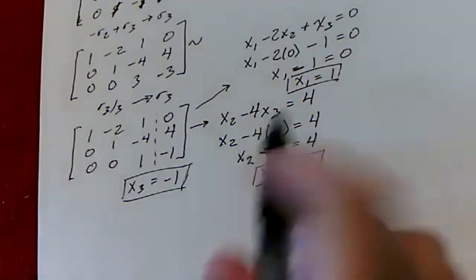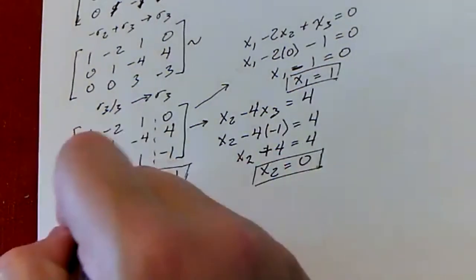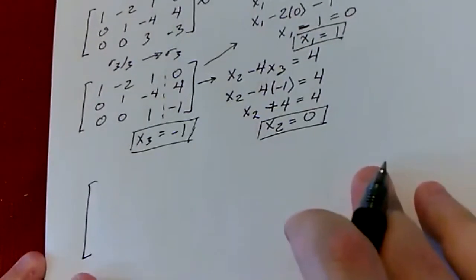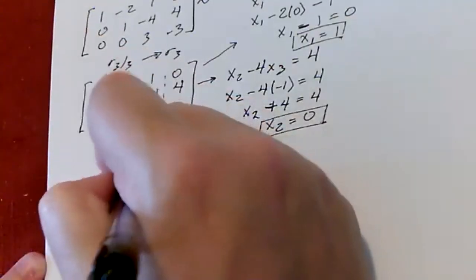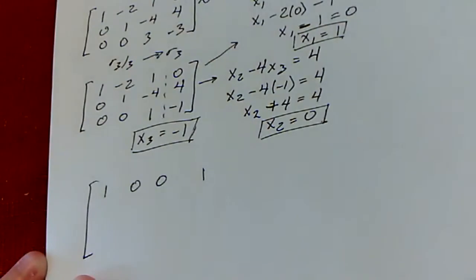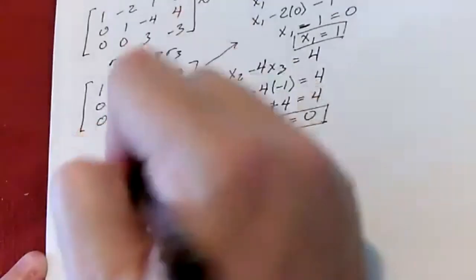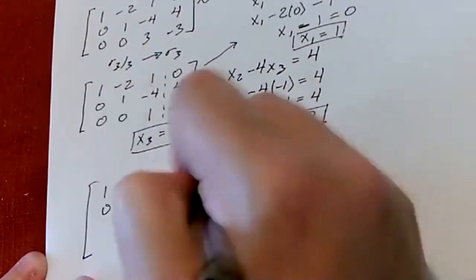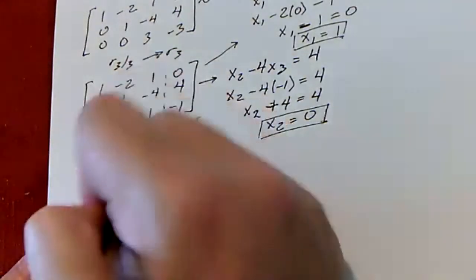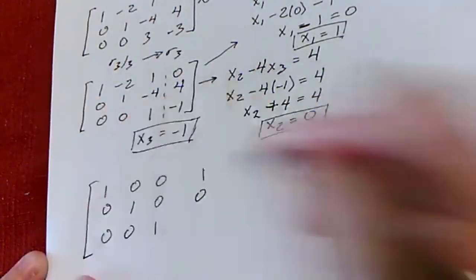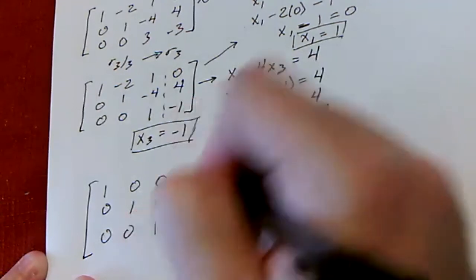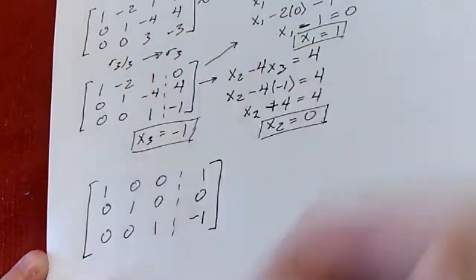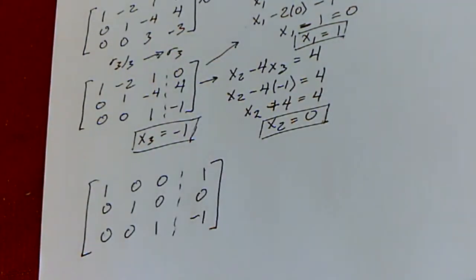Now, what we also know is now that we've found these equations, I could actually write another equivalent matrix. This has x1 is equal to 1, x2 is equal to 0, and x3 is equal to -1, where I have zeros.